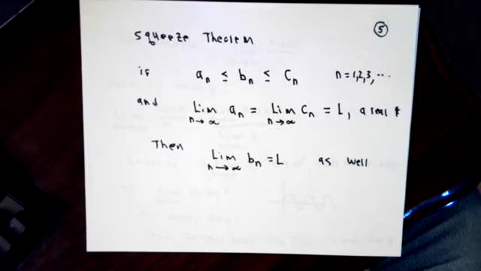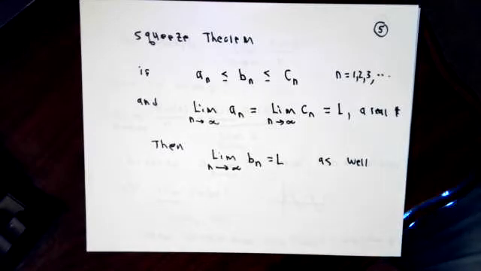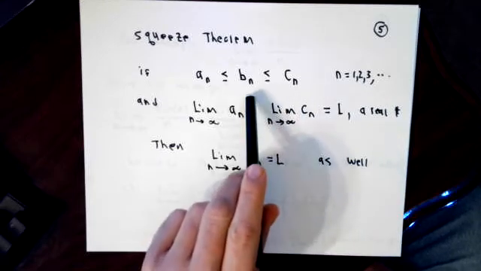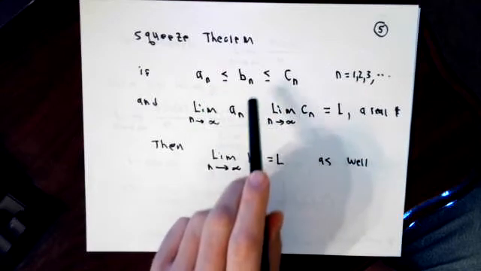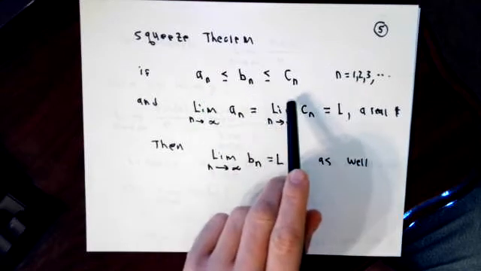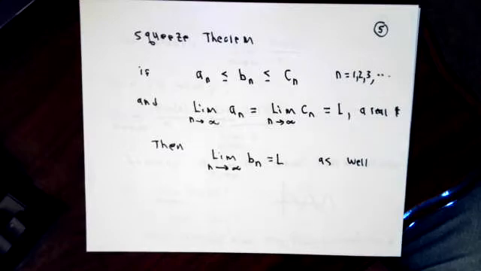In Calculus 1, you had a squeeze theorem, and since these sequences are basically limits themselves, we're going to have a squeeze theorem for them as well. Suppose you had three sequences, AN, BN, and CN, and BN was always at least as big as AN, but BN is also never any bigger than CN.